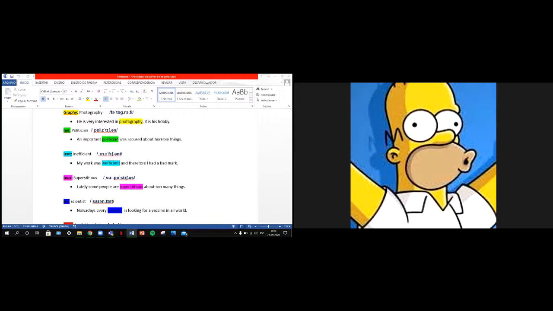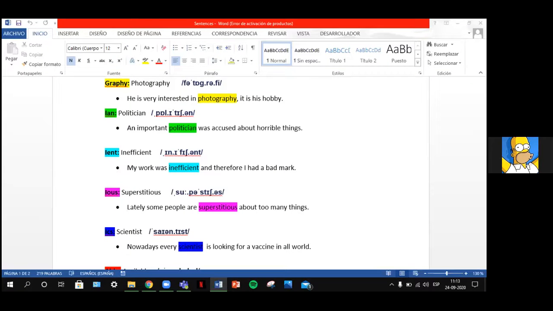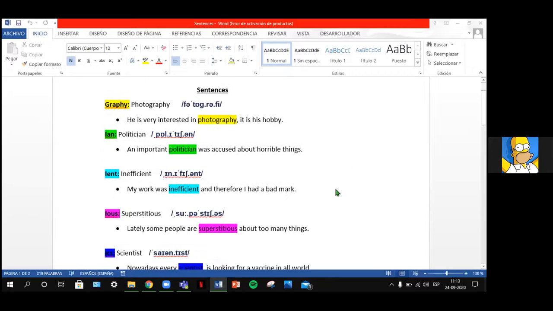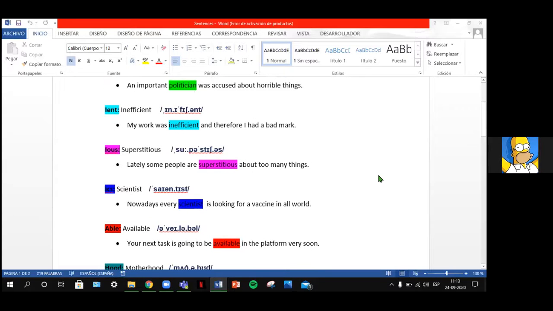Politician. An important politician was accused about horrible things. The third, inefficient. My work was inefficient and therefore I had a bad mark. Fourth, superstitious. Lately, some people are superstitious about too many things.